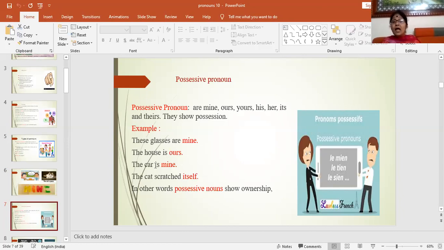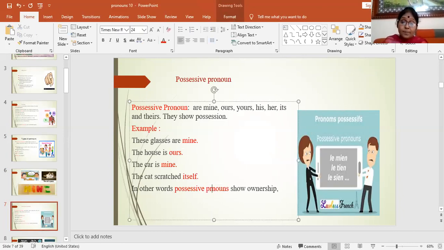So these are examples of how we can use a possessive pronoun. In other words, possessive pronouns show ownership, right? What do they show? They show ownership.